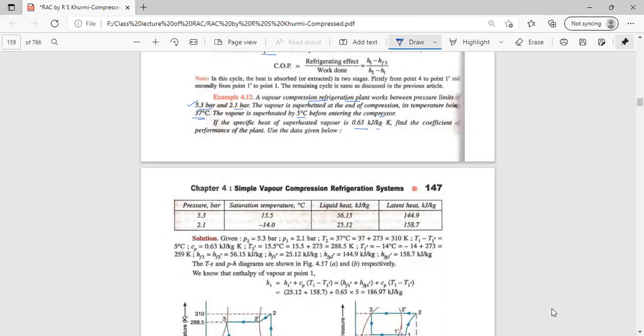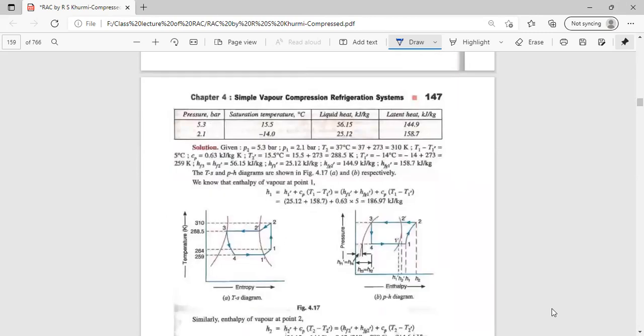So what is given? The pressure here is equal to 5.3 bar, at the exit of the compressor, at stage point 2.